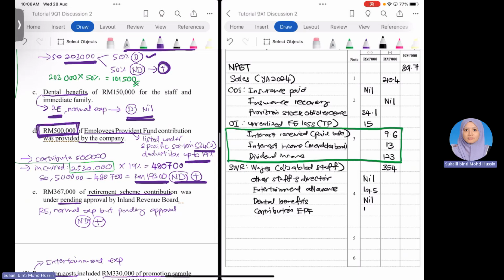Okay, added back 19,300 ringgit because the company already made the contribution larger than the maximum contribution that the government allowed. The contribution that the company should make is 480,700 ringgit, but the company made contribution 500,000 ringgit, larger than the maximum amount that the government allowed. So 19,300 ringgit not allowed for deduction, so we have to add it back.